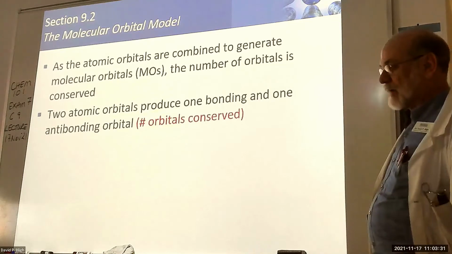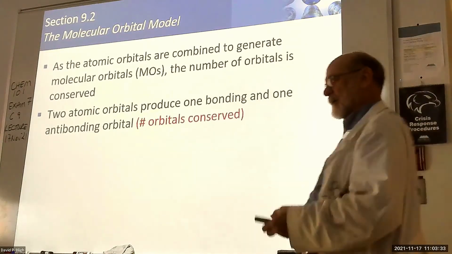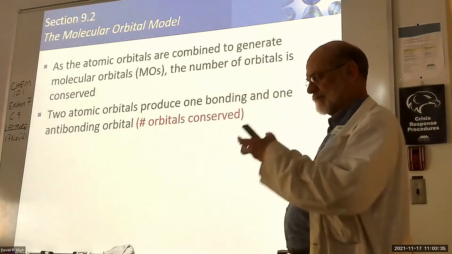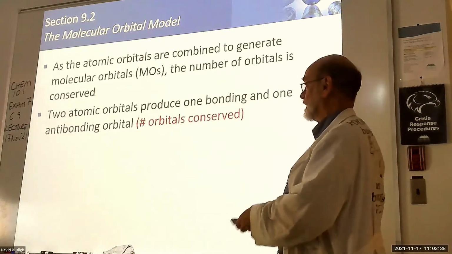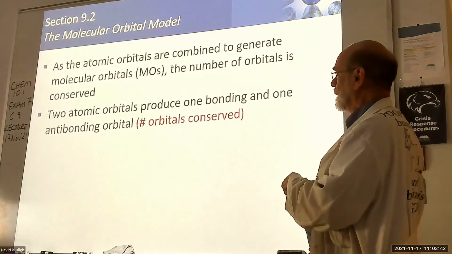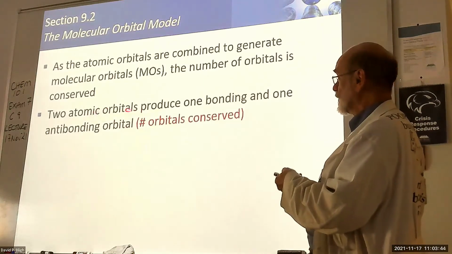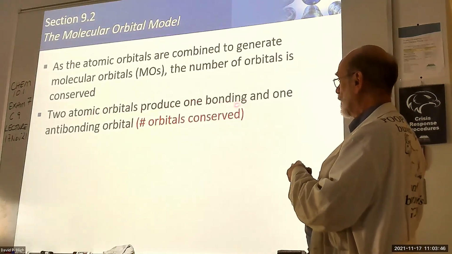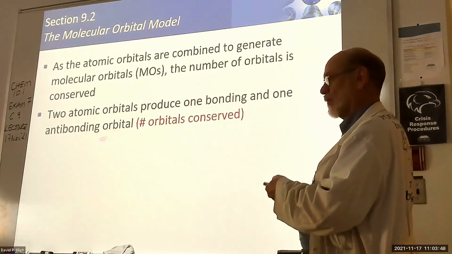The way we do that is to invent this, mathematically speaking, actually, probabilistically, the 2 atomic orbitals go in and produce 1 bonding orbital and 1 anti-bonding orbital.